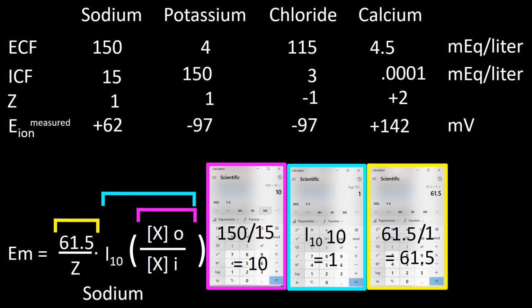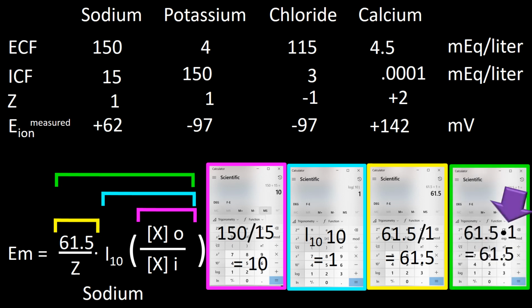The last step is to multiply 61.5, the result of the division of 61.5 by 1, by 1, the result of the log of 10. The result is 61.5. This number is the calculated equilibrium potential of sodium, which is about the same as the measured equilibrium potential of sodium in this example.